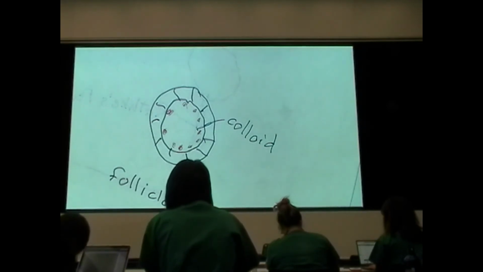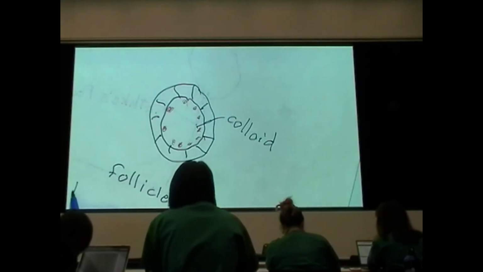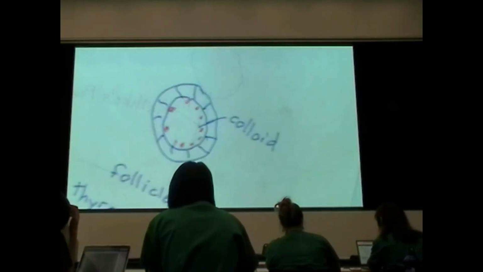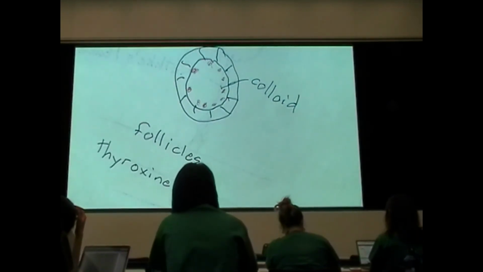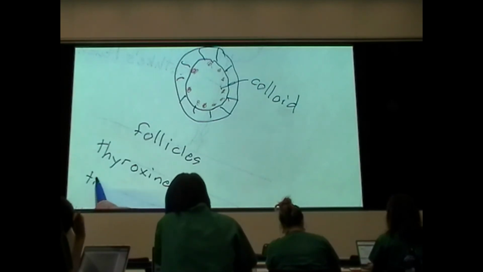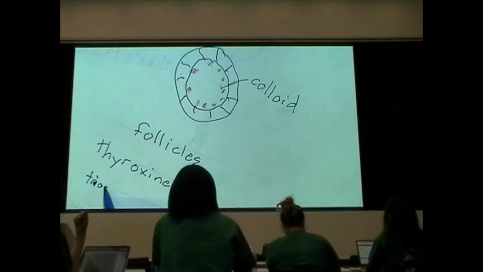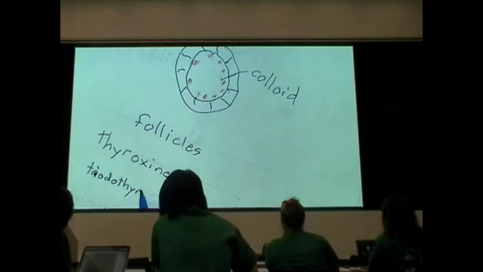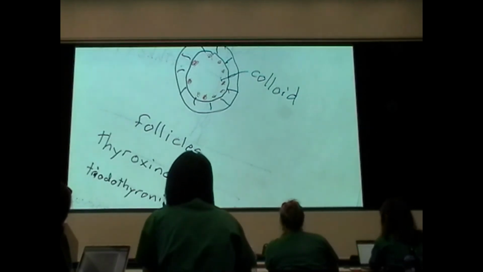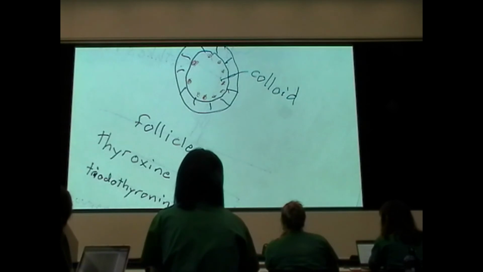And the two major amino acids that are produced are thyroxine and another one, triiodothyronine.